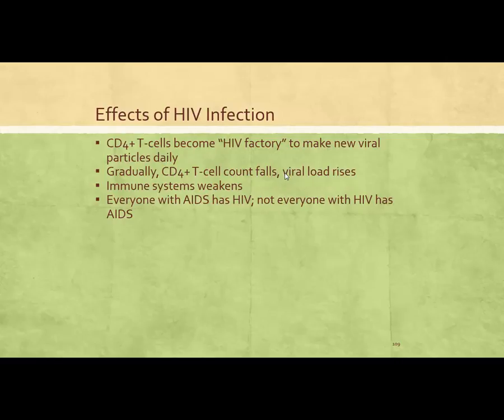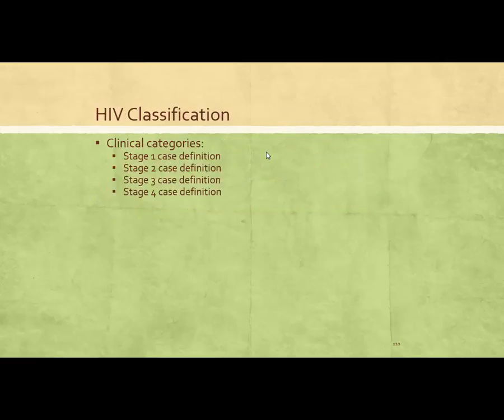So on the next slide, you will see the classifications of HIV as categorized by the Centers for Disease Control. Stage 1 is a CD4 count greater than 500. Stage 2 is 200 to 499. And in stage 1 and 2, the patient will have no AIDS-defining illnesses.